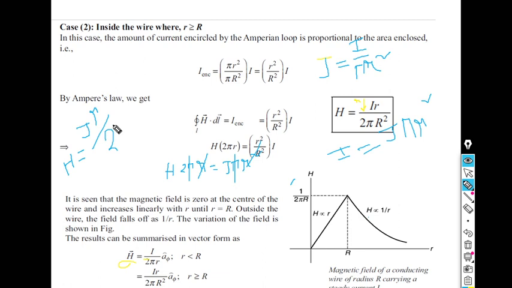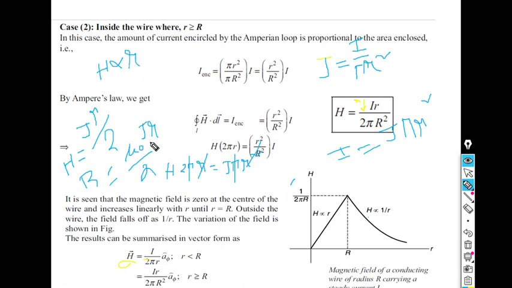So what am I getting here? If I put it here B, then H is B by mu. So you can write mu naught J r by 2. Now what we are seeing here is that H is proportional to r.